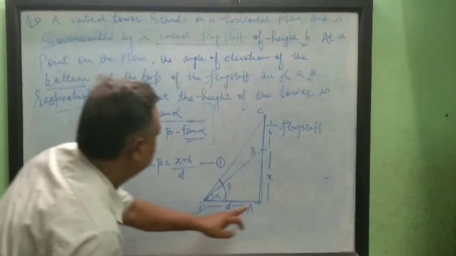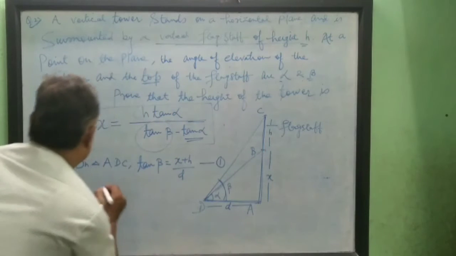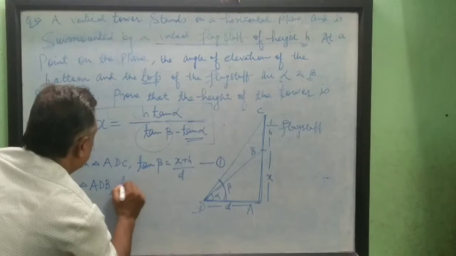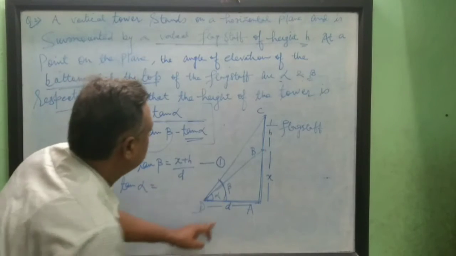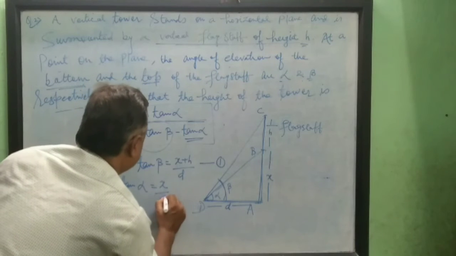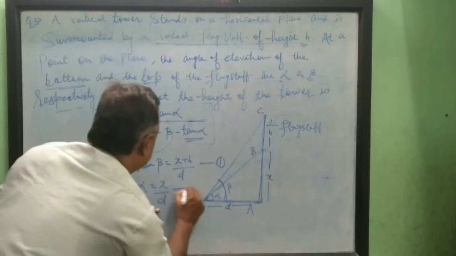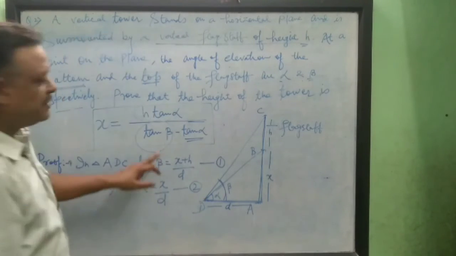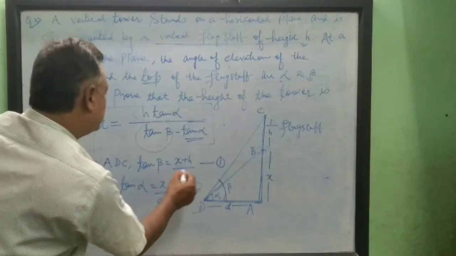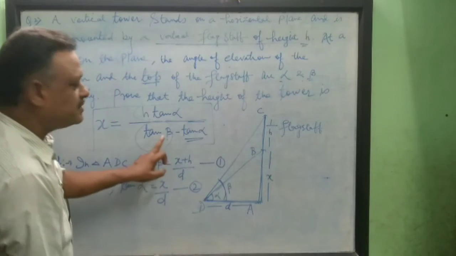In triangle ADB, tan alpha, this is perpendicular and this is base. This is x by d. Equation number 2. Now what we have to find? We have to find tan beta minus tan alpha. So obviously subtract equation 2 from equation 1.